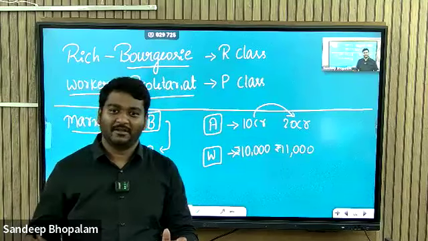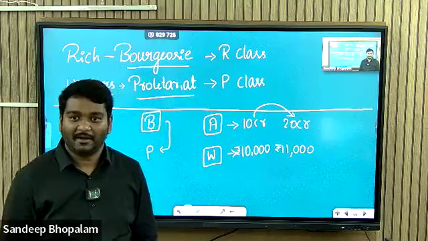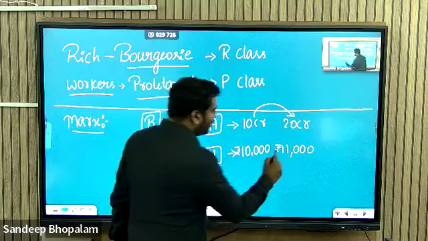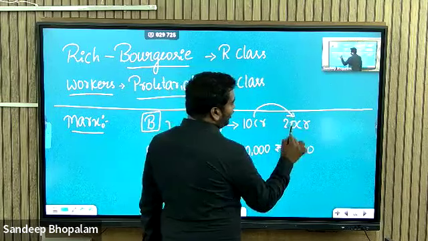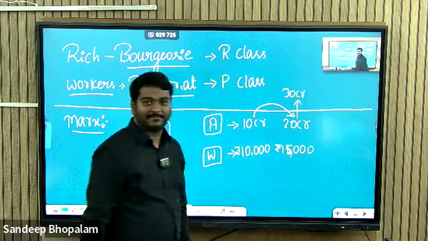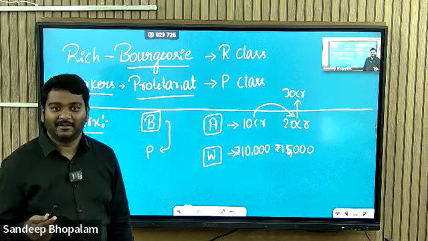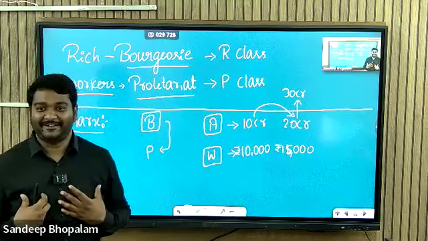The company said, don't worry, work extra, I will pay you extra. People started working extra and got 15,000 per month. The company got 30 crores. Who is benefited? But the worker feels he is benefited.